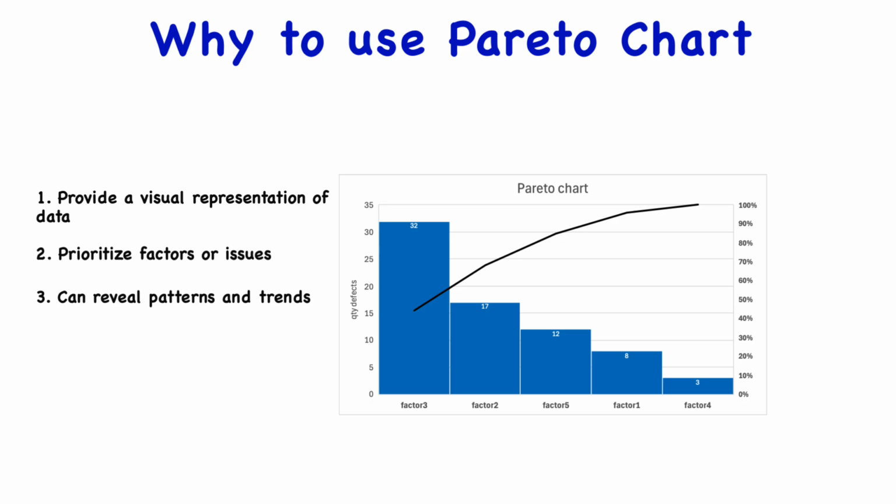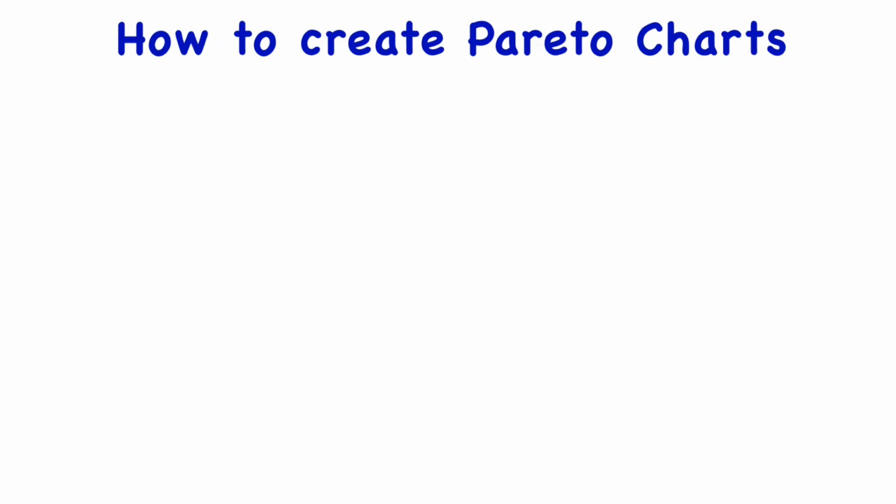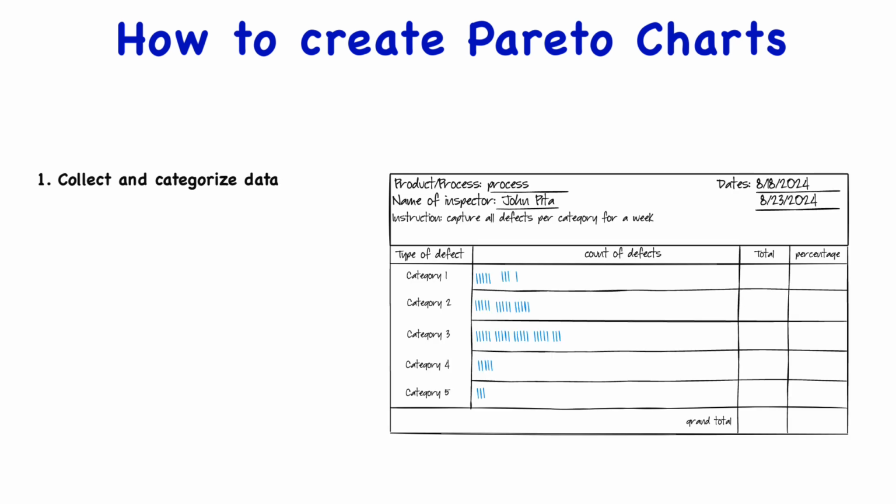What are the steps to create a Pareto chart? Creating a Pareto chart is a straightforward process that involves a few key steps. The first step is to collect and categorize your data. This could be anything from defect types to customer complaints.